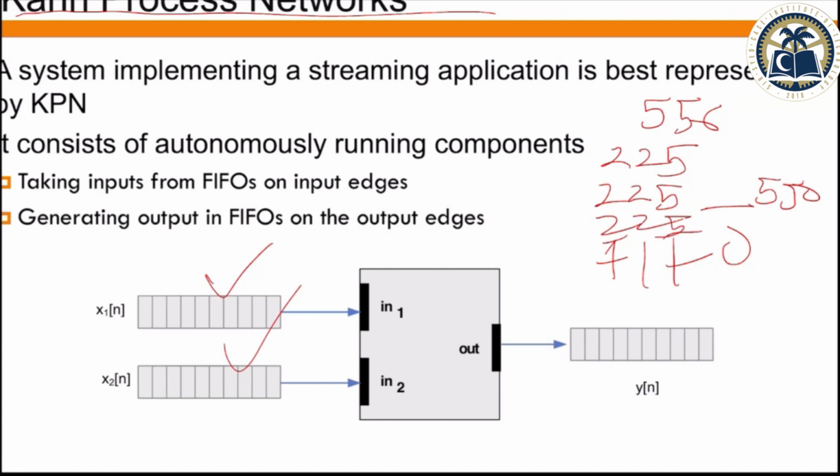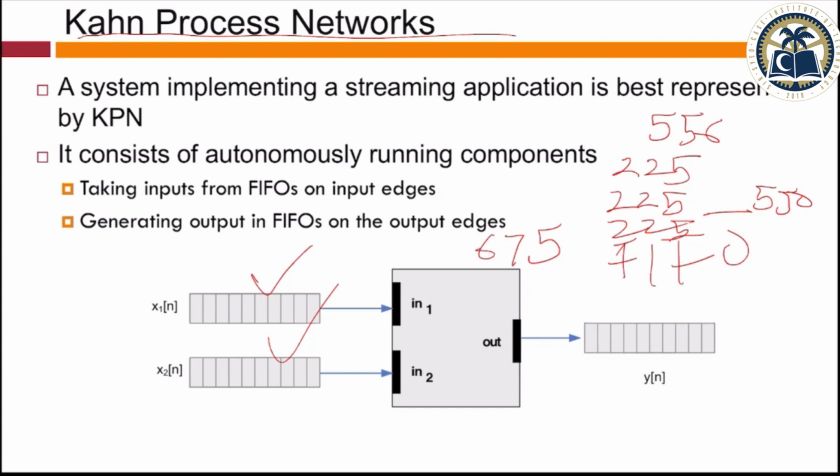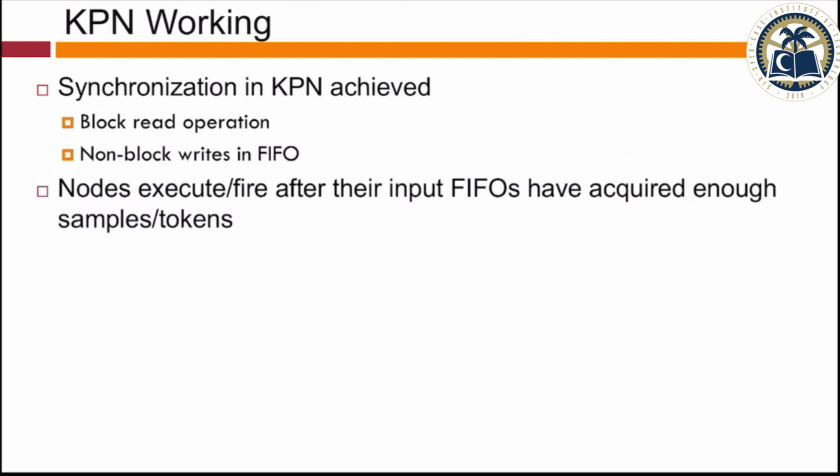Okay, so FIFOs are like first in, first out. So if you have a requirement of 556, first you generate 225, put it in a FIFO, then you generate 225, now it becomes 450, you put it in a FIFO, then again you put 225, it becomes 675, and you consume the first 556, and the rest are just sitting there.